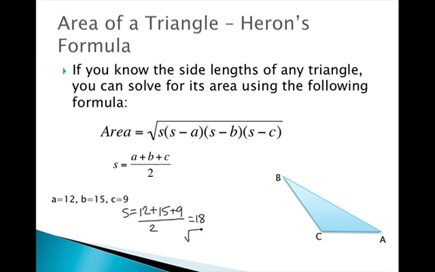So that means we have the square root of 18 times 18 minus 12, so that will be 6, times 18 minus 15, so that's 3, times 18 minus 9, which is 9. So you take the square root of 18 times 6 times 3 times 9, and you end up getting 54. So this triangle has an area of 54 units.